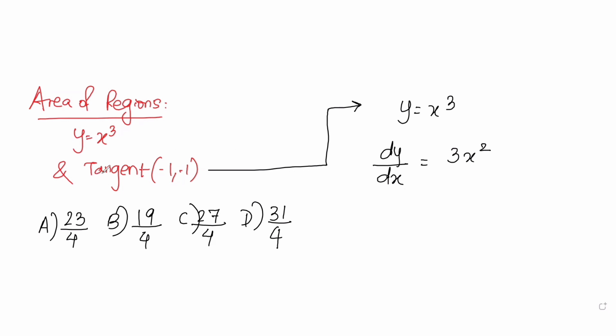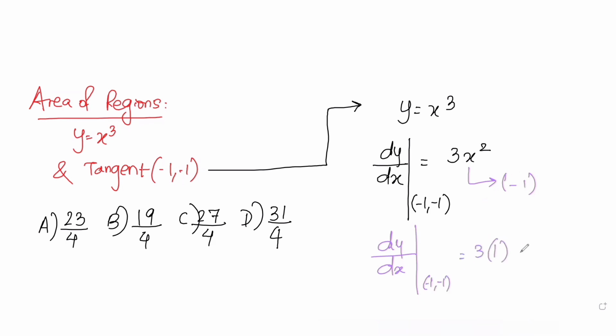Now we know that this line is tangent to the curve at the point minus 1, minus 1, so the x coordinate is minus 1. If I substitute x as minus 1, the slope, dy by dx at minus 1, minus 1, is 3 into minus 1 squared, which is 1 times 3. So I get the slope of this line as 3.